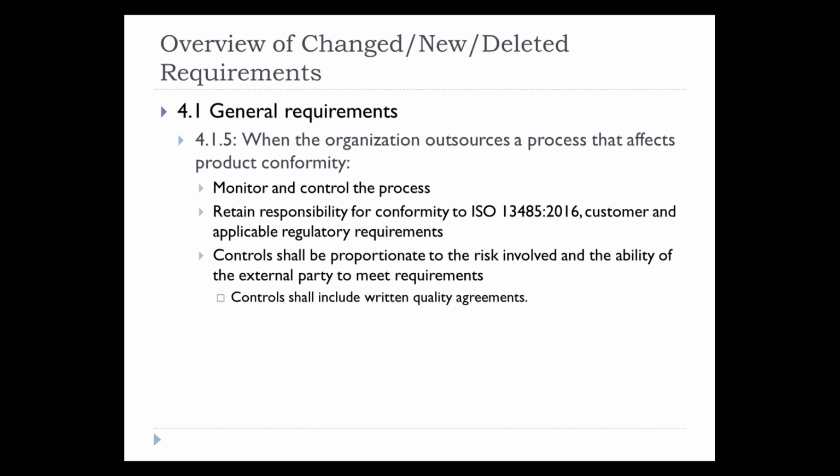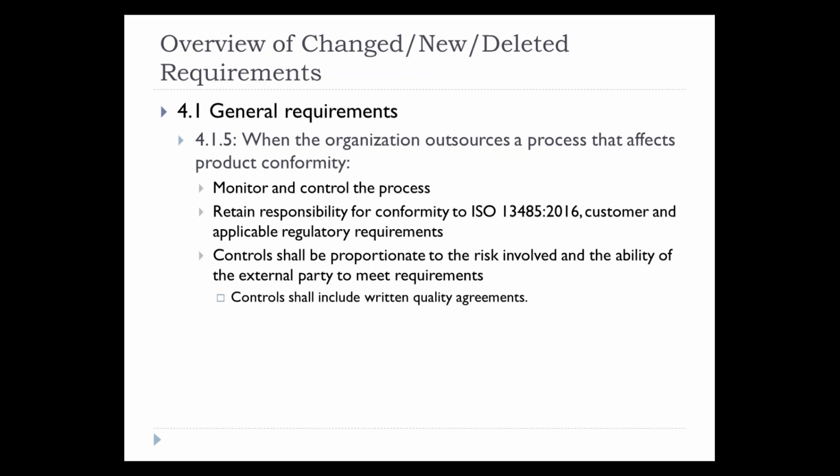And the controls that you flow down to your supplier need to be proportionate to the risk involved and the ability of the external party to meet requirements. So obviously, if that external party is 13485:2016 certified, maybe audited by you, audited by regulatory authorities, then the level of control that you may flow down in a written quality agreement may be less.